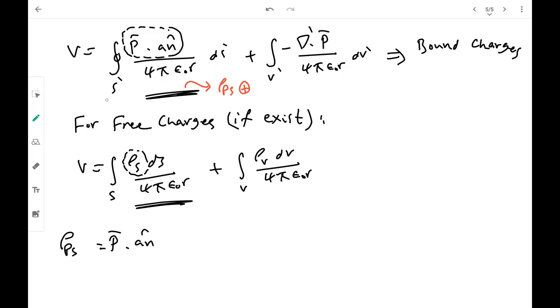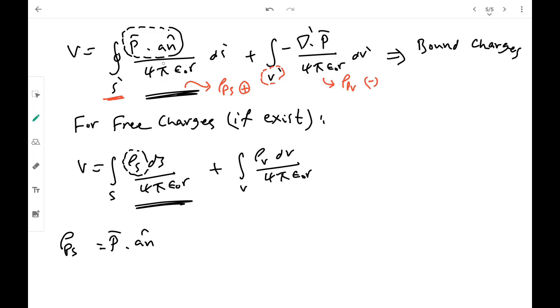The integral is finding the potential for the charges on the surface, and the charge on the surface will be the positive charge, and the positive charge in the bound charges will be called the bound surface charge distribution, while this term is calculating the potential due to the charges inside the volume, and the charges inside the volume in the bound charge, which are the rho pv, are the negative charges.